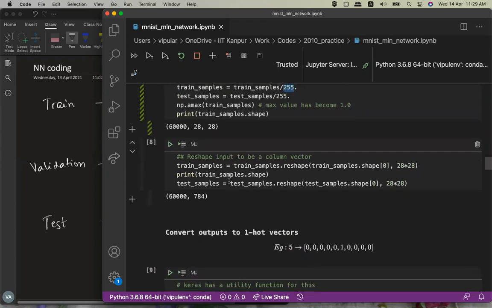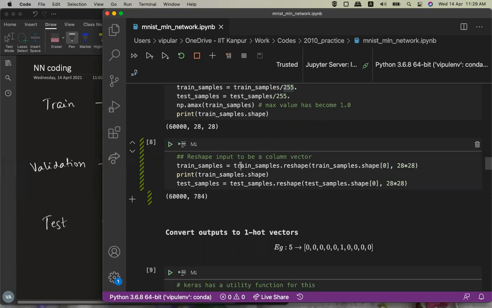Now the data is available with us, and it is normalized. What kind of network do we want to apply? A convolutional neural network, a recurrent neural network, or a simple multi-layered dense network? In this case, we are going with a dense network. My input is a vector and the output is also a vector, and the input layers are fully connected.